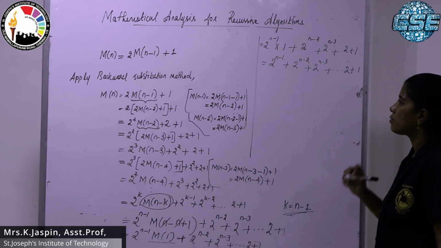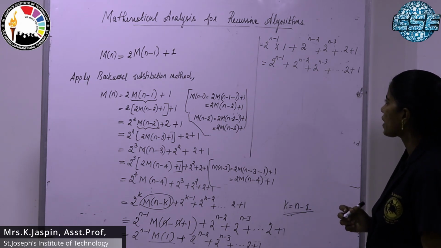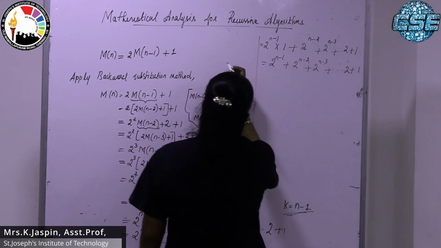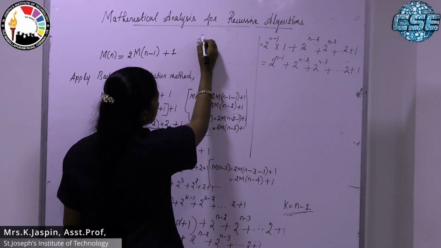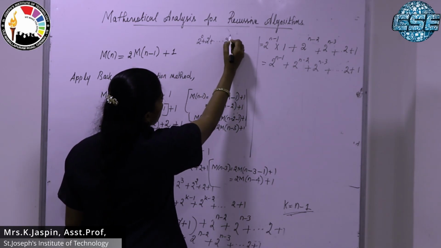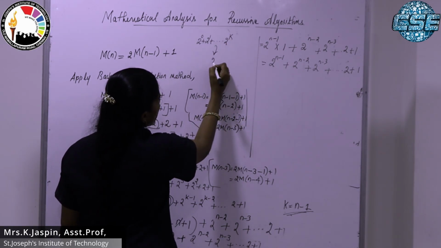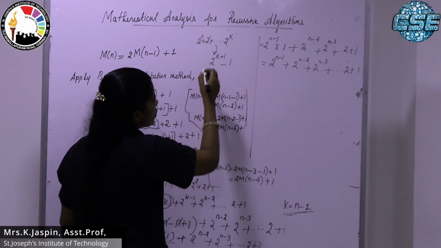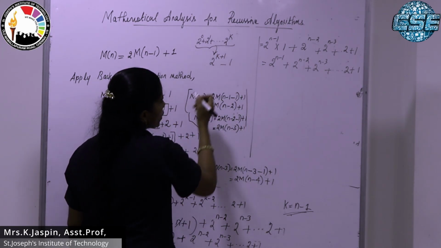2 plus 1. As we all know, in this mathematical representation, we have one equation like 2 to the power 0 plus 2 to the power 1 plus up to 2 to the power k can be replaced by 2 to the power k plus 1 minus 1. So this is the formula to replace this expression.